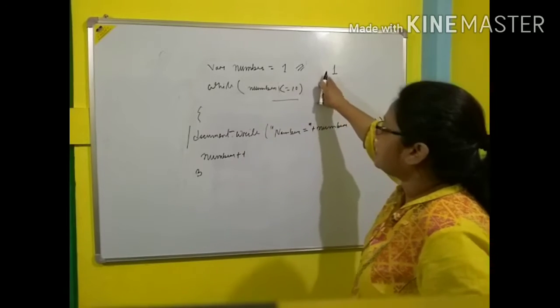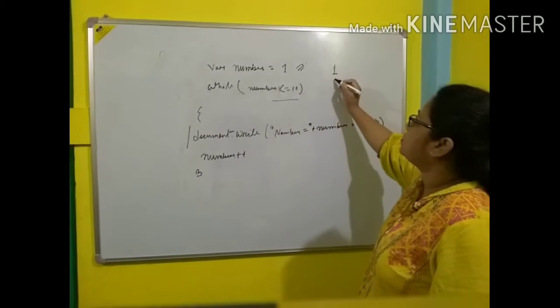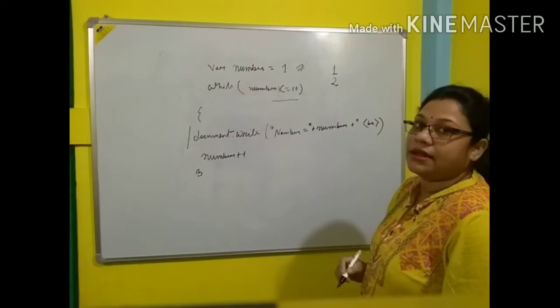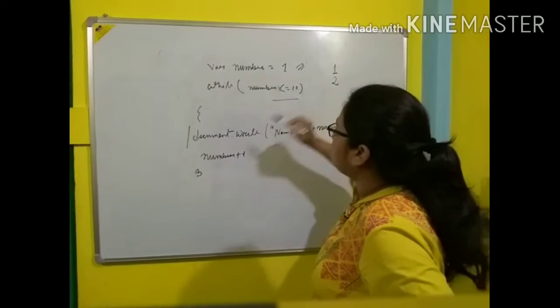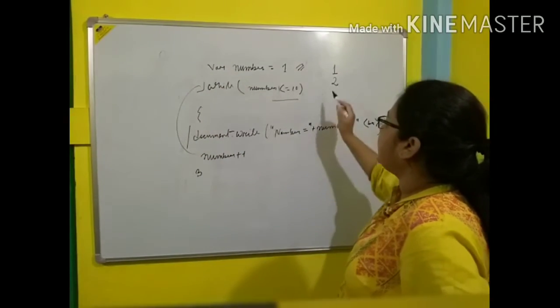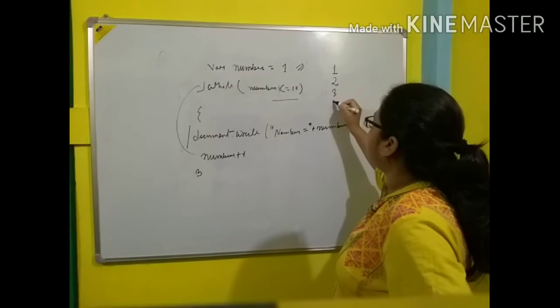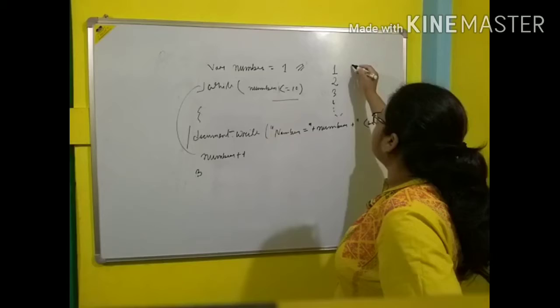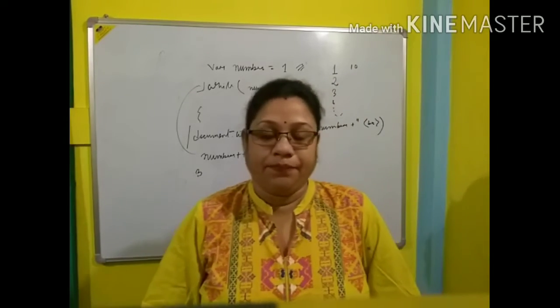Initially the number is 1, after that it increments the number by 1, so it will display the number 2 on the screen. After displaying the 2, it passes control one more time to the while loop and again increments the value by 1, that is 3, 4, 5. So like that it is going to display the numbers from 1 to 10.